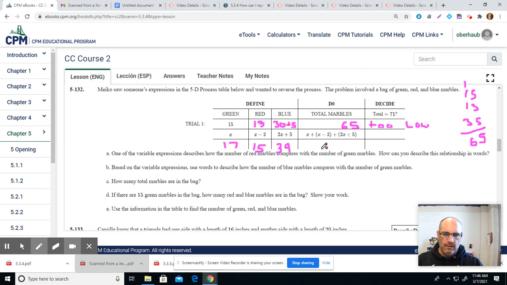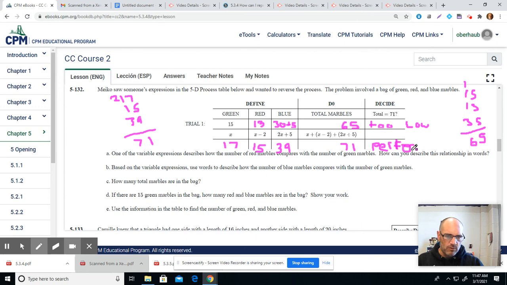Now let's add them up: 17, 15, 39. 14 and 7 is 21, then 3, 4, 5, 6, 7. Oh, lucky me, 71. That is perfect. Exactly what I needed was my total.